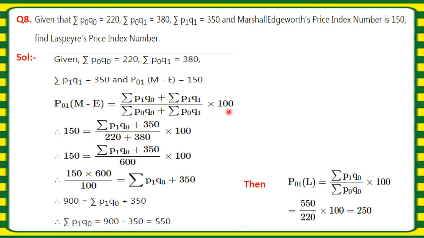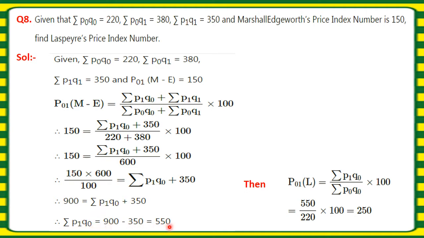Substituting the values given, sigma P1 Q0 is not given, so we will first calculate this value from the given quantities. After simplification, we get sigma P1 Q0 is equal to 900 minus 350 equal to 550.